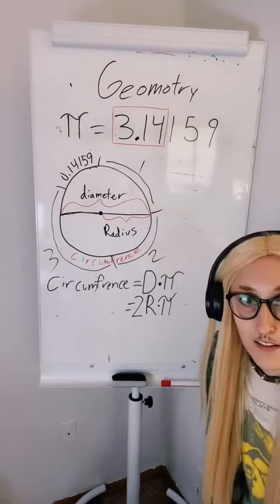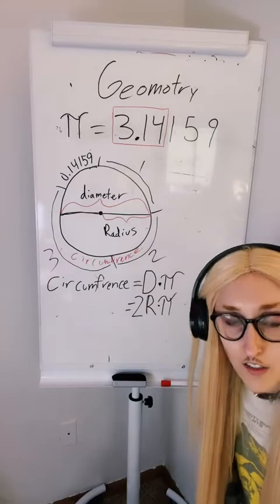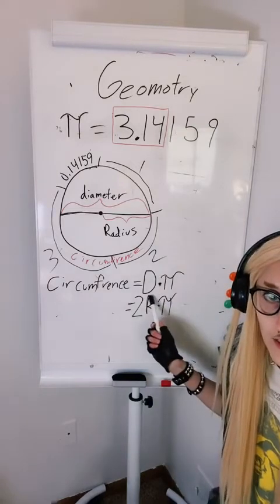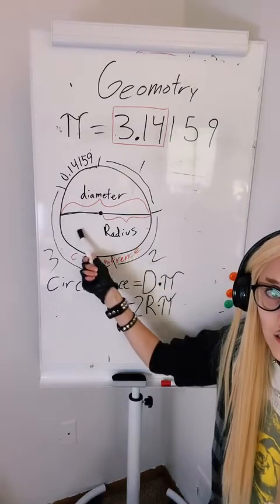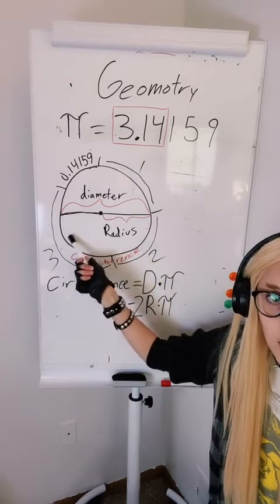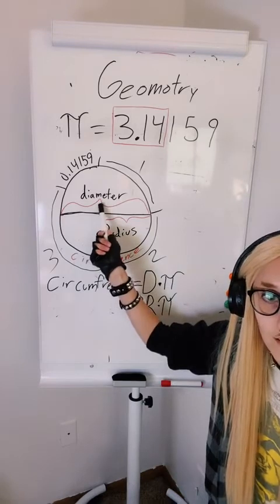And don't panic about that, because it's actually not that different, all right? All that this 2r is saying is I got it from diameter, because how many radiuses does it take to make up the diameter? It takes 2 radiuses to equal 1 diameter.